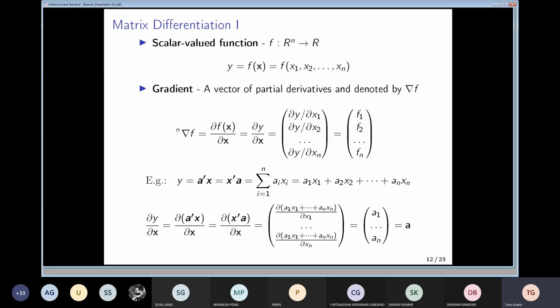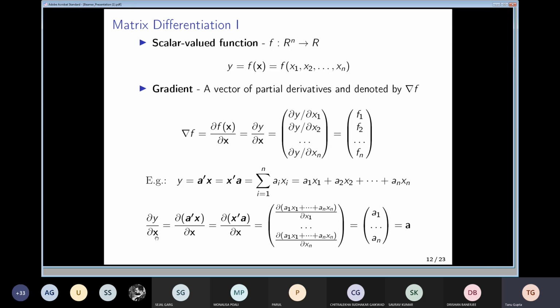For example, in the first case, when we were talking about the scalar valued function and the gradient vector, we were differentiating a function y with respect to vector x, a column vector.